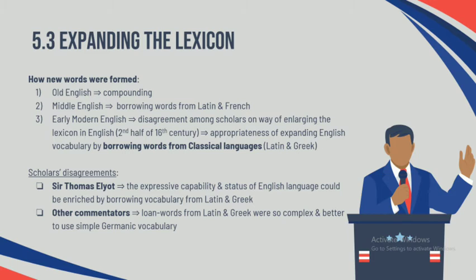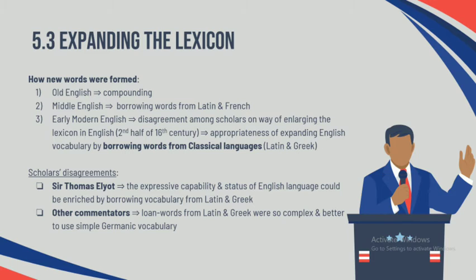And in the early modern English period, there was a disagreement among scholars on the way of enlarging the lexicon in English. The disagreement was about the appropriateness of expanding English vocabulary by borrowing words from classical languages such as Latin and Greek. At the time, there were two different opinions. First is from Sir Thomas Elyot.